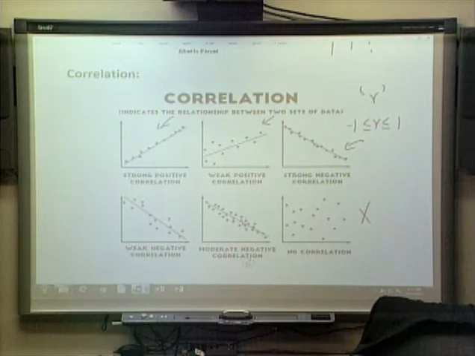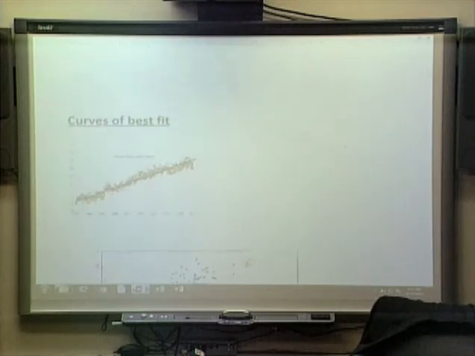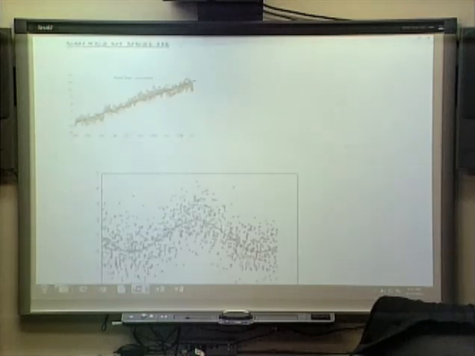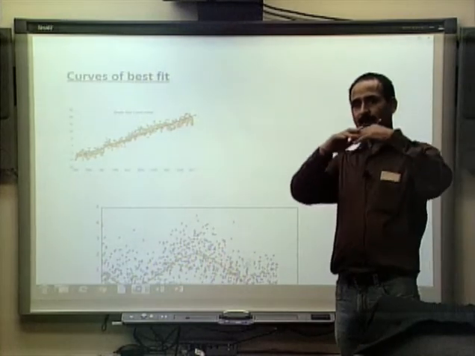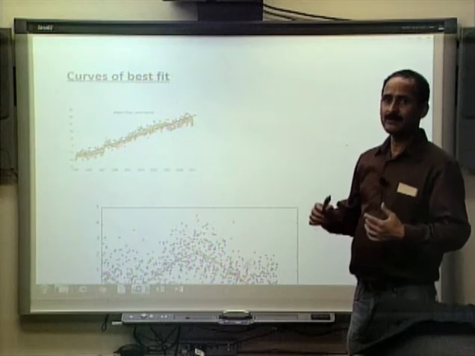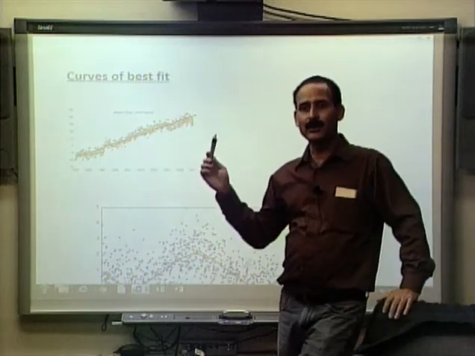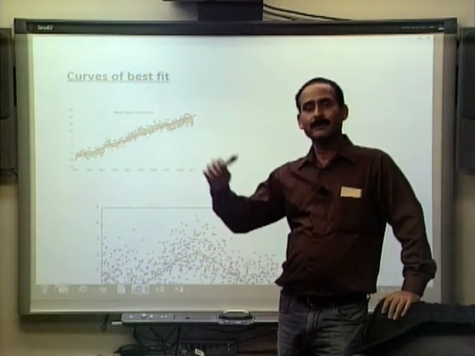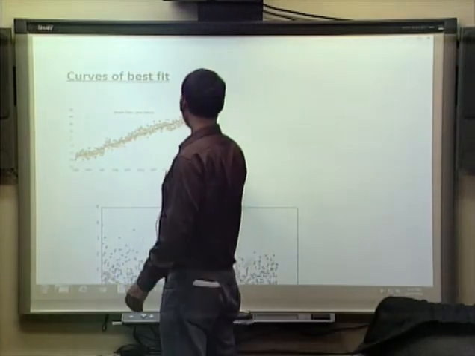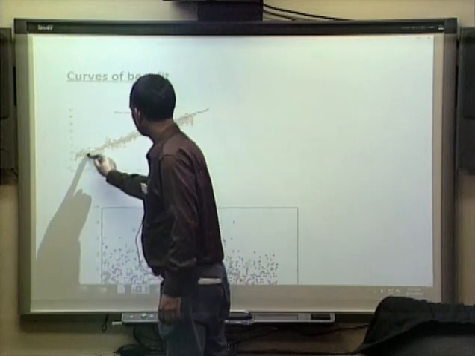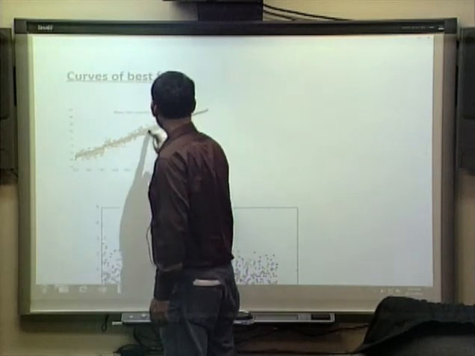So this is an idea of correlation and scatter plot. Now, once we have a scatter plot and we identify some kind of correlation, we want to find the curve that best fits the data. In the case of this scatter plot, this straight line best fits the data.